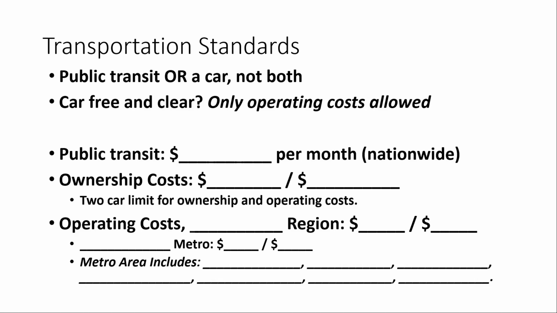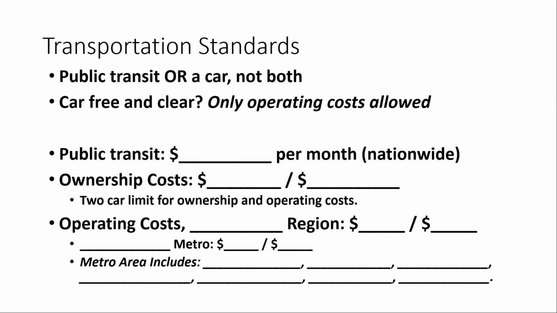If they don't own a car, then the $217 a month for the entire household can be claimed without documentation of the actual amount that they spend.